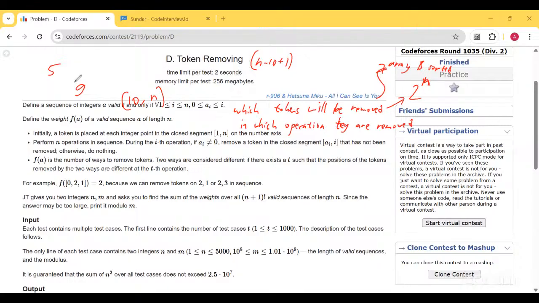And then let's continue. How about token 9? There are some possibilities from operation 9 until operation n, but it cannot be in this chosen operation, because this operation is already used for removing token 10. So do you know how many possibilities?